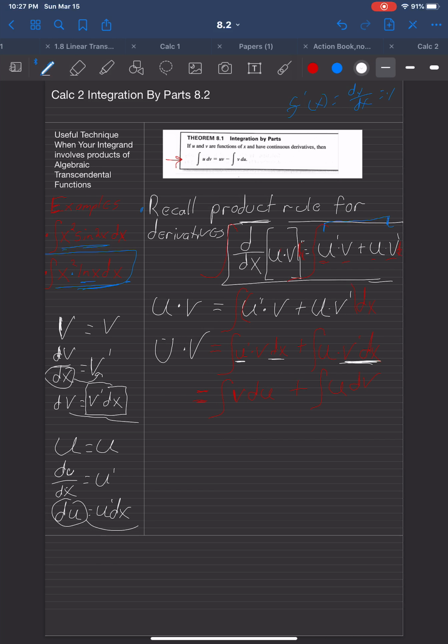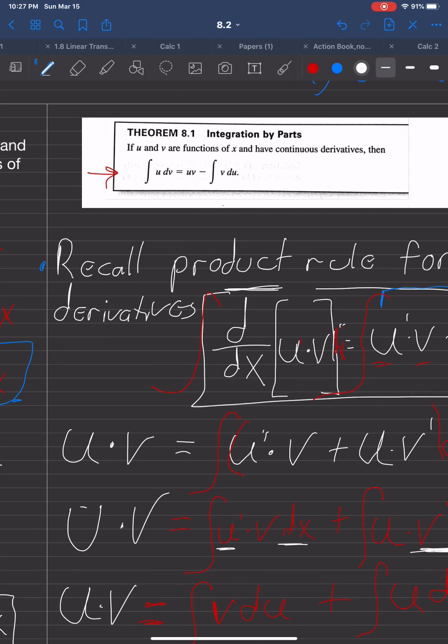Voila. So now, are we done? Yes, well, in a sense we are done.